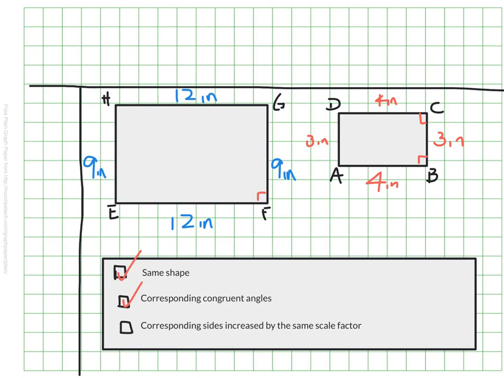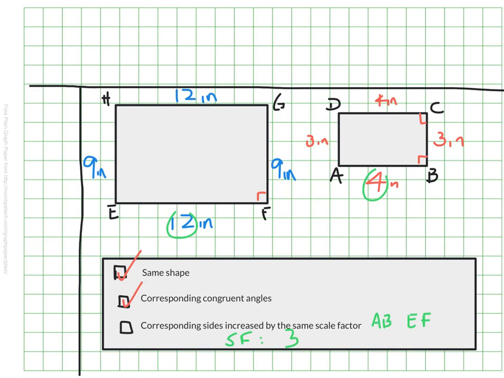So I'm going to use AB here as my example, and it corresponds to EF. And it looks like this was multiplied by a factor of 3. So my scale factor here might be 3. Just trying to put 3 here so we have that. So it might be a scale factor of 3, and so we just want to check that that's the same all around.